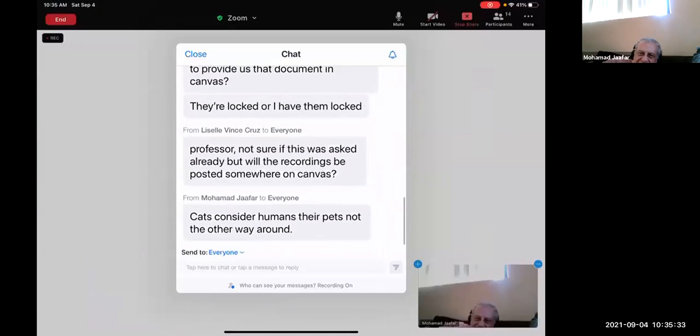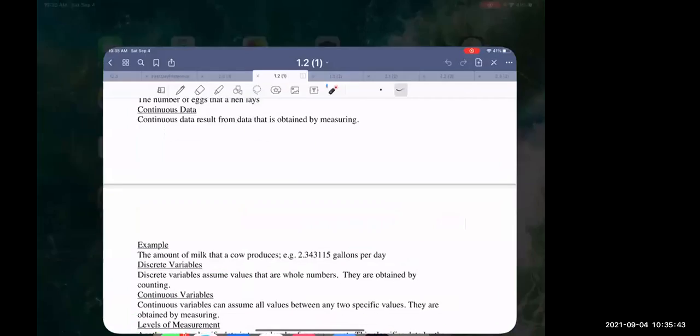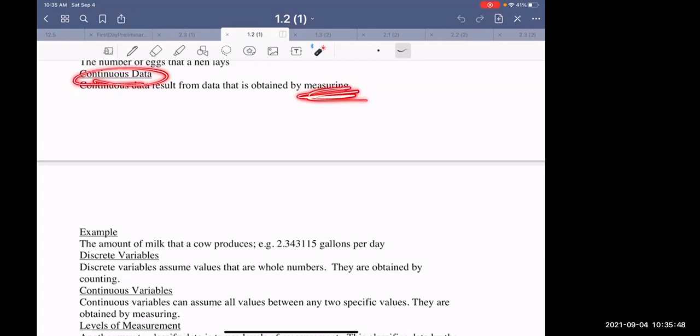It can be both, depending on how you measure it. Well, notice what you just said: how you measure. If it depends on how you measure, then it is continuous, because you said it depended on how you measured it. If you measured it in days, in years, in centuries, you're going to get different results. Therefore it's a continuous variable.